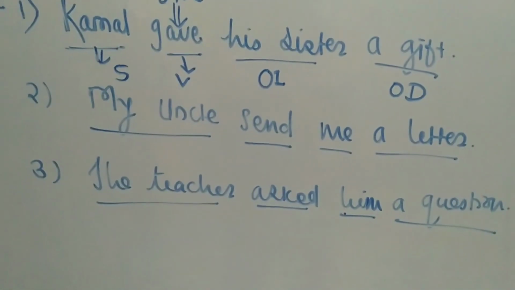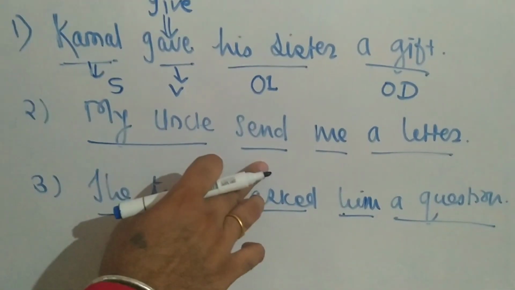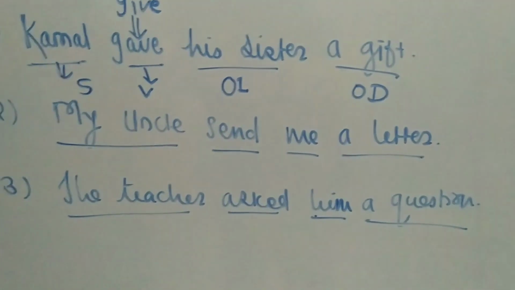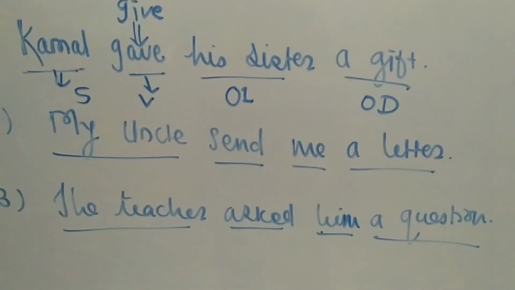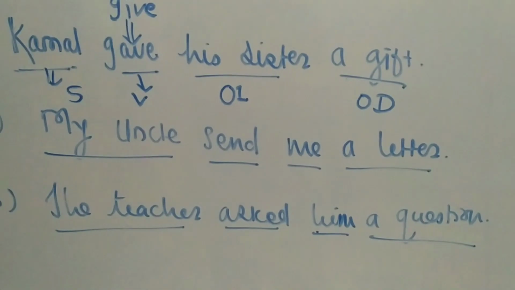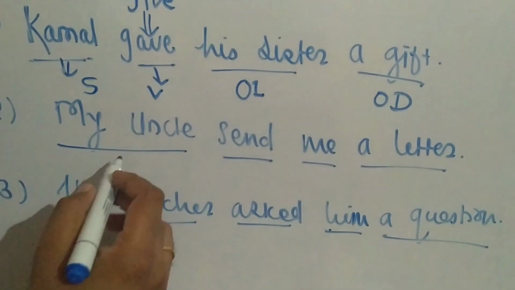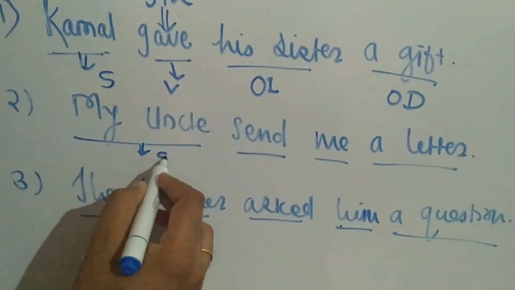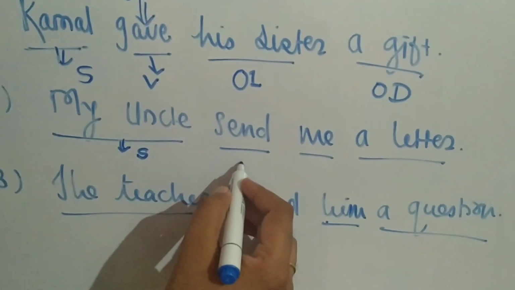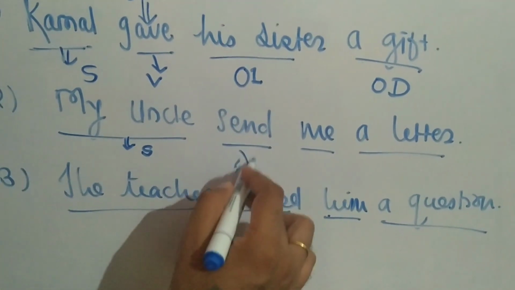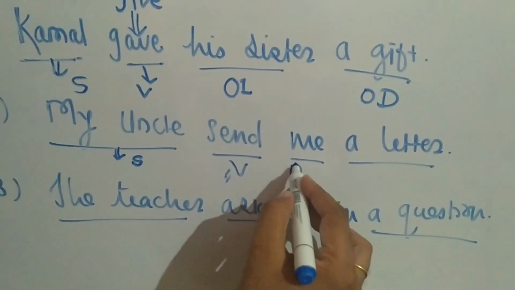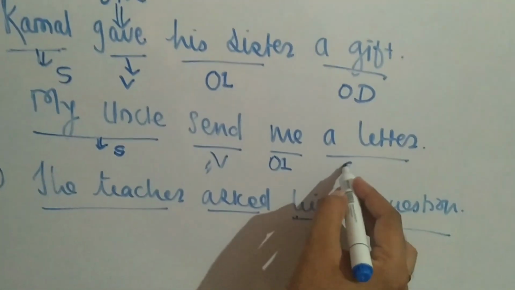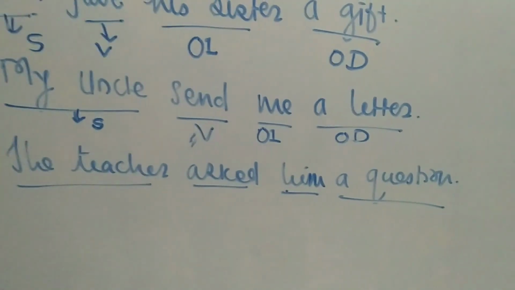Now same, my uncle sent me a letter. So how to find out the subject, verb, indirect object, direct object? Now see, my uncle is the subject, sent is the verb, me is the indirect object and a letter is the direct object.